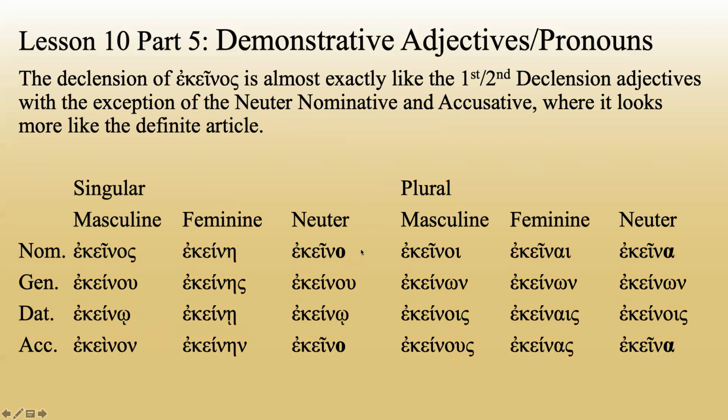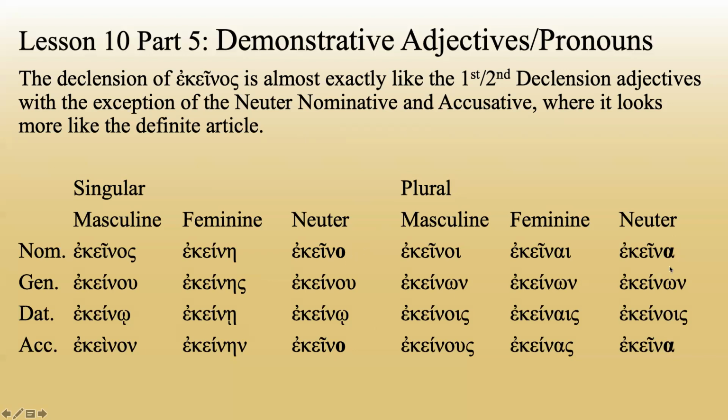But there's no nu here like we find in all of our second declension neuter nouns and our first, second declension adjectives. It looks more like the definite article here, which doesn't have a nu. We'll find there are some adjectives that don't get the nu and some that do. Having the nu is the default, but especially with pronouns and words like that, it can be common to not have that nu there.